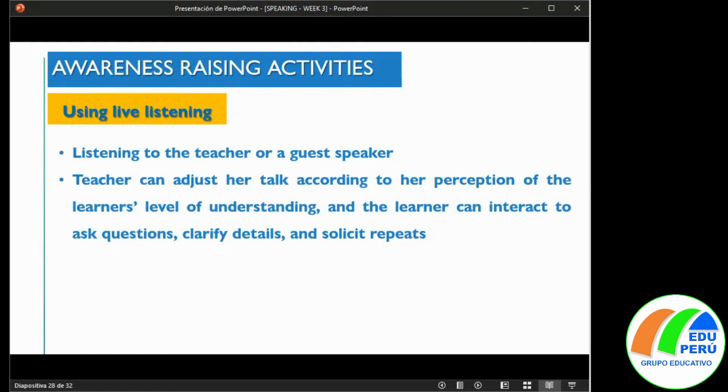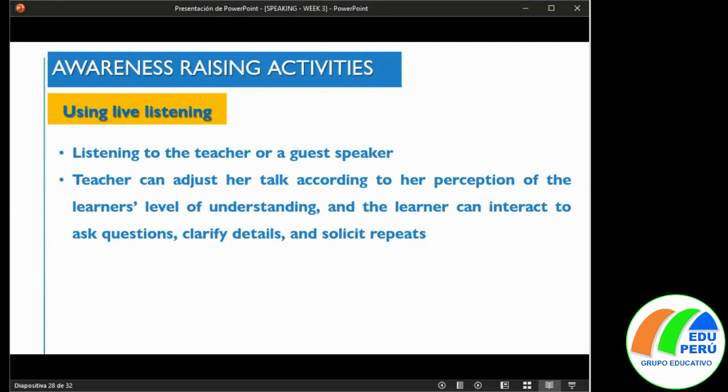Notice, we need to adjust our talk according to the level of understanding of our students so they can interact with us. Because if we use more complex words, a lot of phrasal verbs, and our speed is so fast, they are not going to be able to understand us, and they are not going to interact with us. So it's very important to adjust.